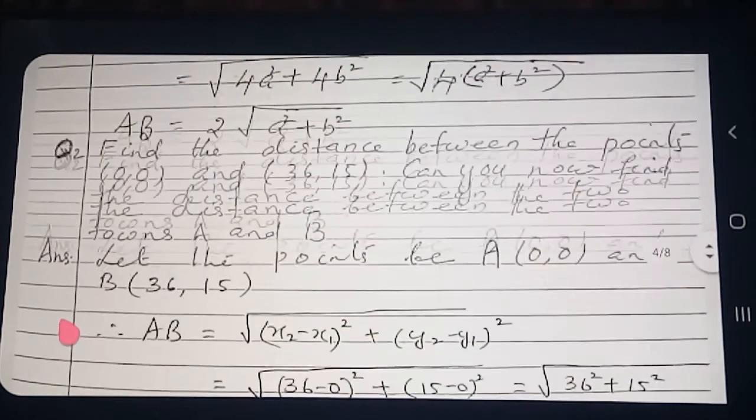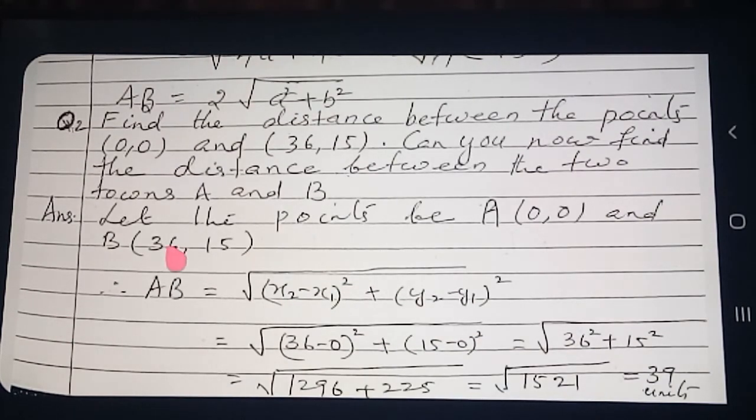Now see here, what is x2? 36 minus 0 the whole square plus y2, 15 minus 0 the whole square. So 36 minus 0 the whole square is 36 square. 15 minus 0 the whole square is 15 square. So 36 square how much? 1296, and 15 square is 225.